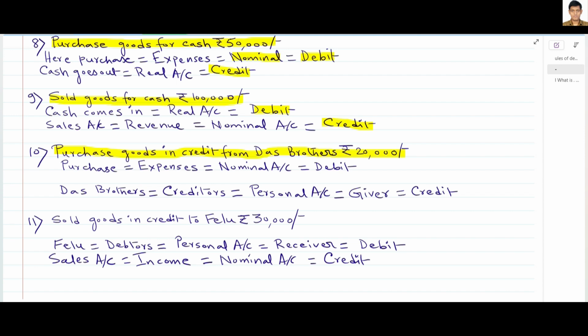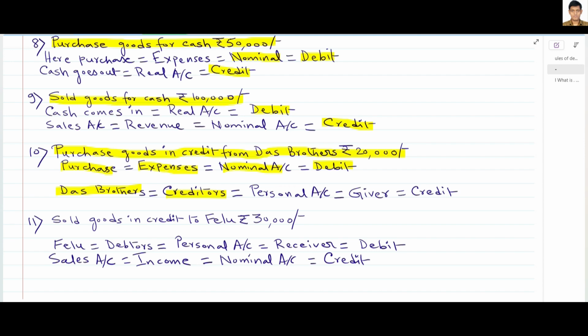One is purchase account and the other is Das Brothers account. Purchase account, as I explained earlier, is an expense, and all expenses come under the nominal account, and as per the nominal account rules, all expenses and losses are debit, so it will be debit. And Das Brothers will be our creditors.